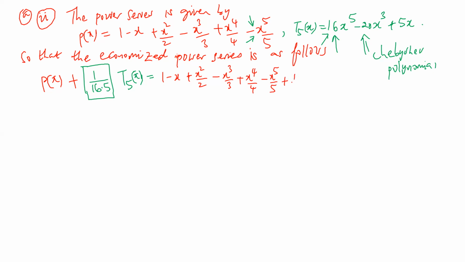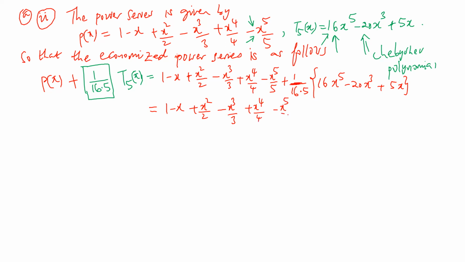plus 1 over 16 by 5, right? So you put T5, which is 16x to the 5th power minus 20x cubed plus 5x. Okay, that's what we have. Which is 1 minus x plus x squared over 2 minus x cubed over 3 plus x to the 4th power over 4 minus x to the 5th power over 5.